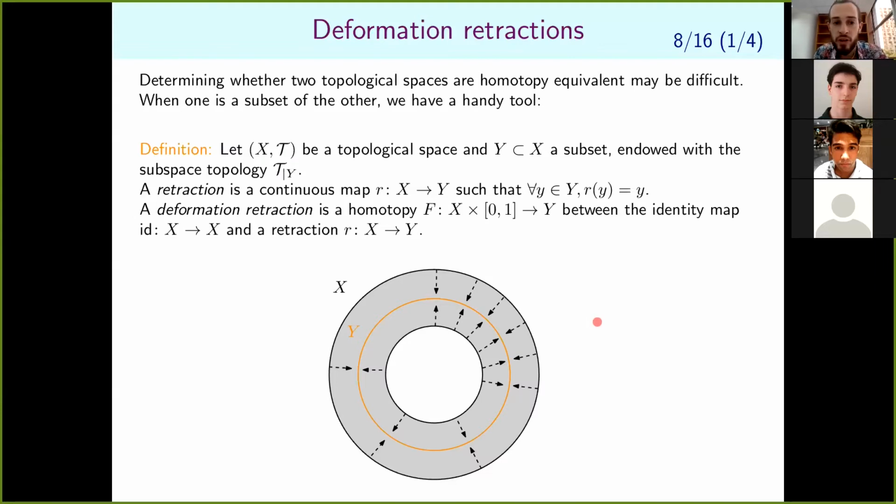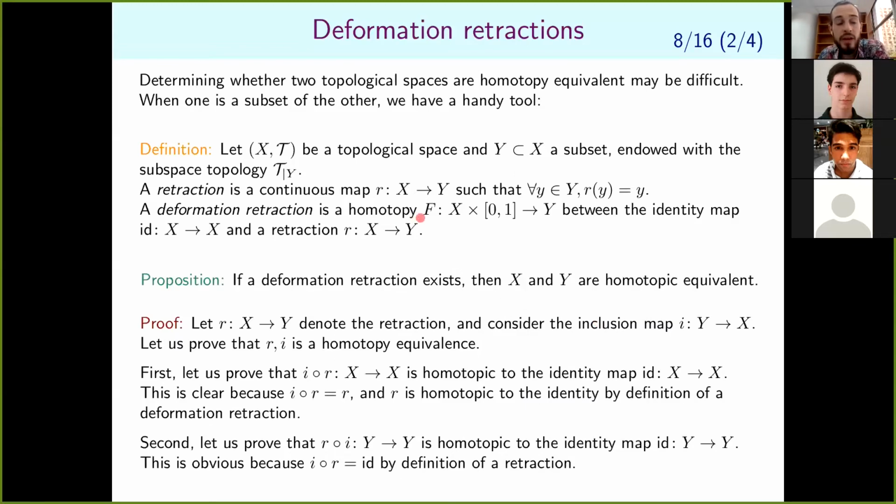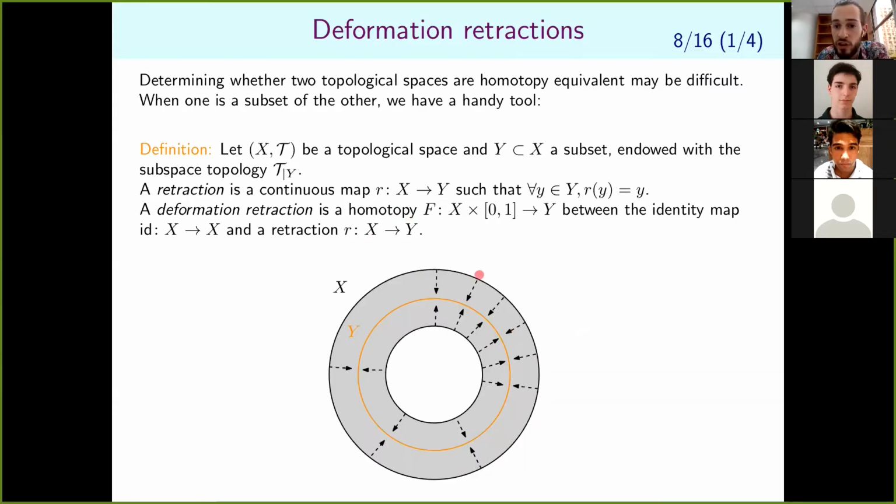A deformation retraction will be a homotopy between the identity on the annulus and the retraction. And why is it so nice? Because if I have a deformation retraction, then my two spaces are homotopy equivalent. If I can prove that this retraction I define is a deformation retraction, then X and Y are homotopy equivalent.